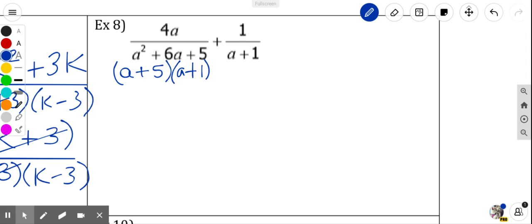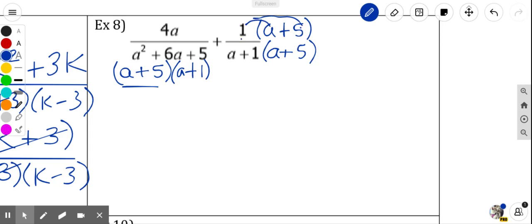So this bottom right one, we have an a plus 1. What do we need? We need the a plus 5. So that means we're going to multiply by a plus 5 in the bottom and the top. Okay, so if we're multiplying 1 by a plus 5, that's really just going to be a plus 5. Because if you think about distributing that, that's 1a plus 5.